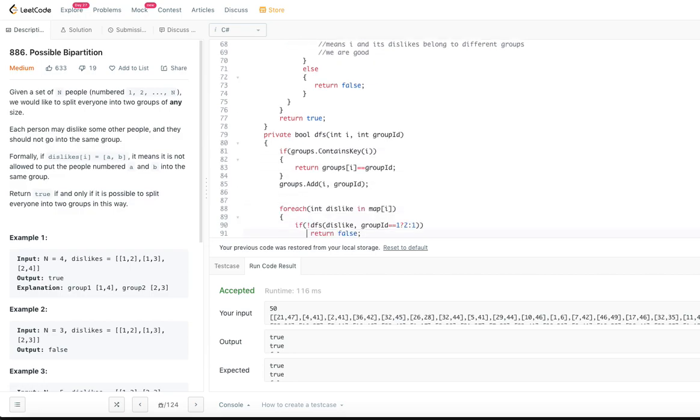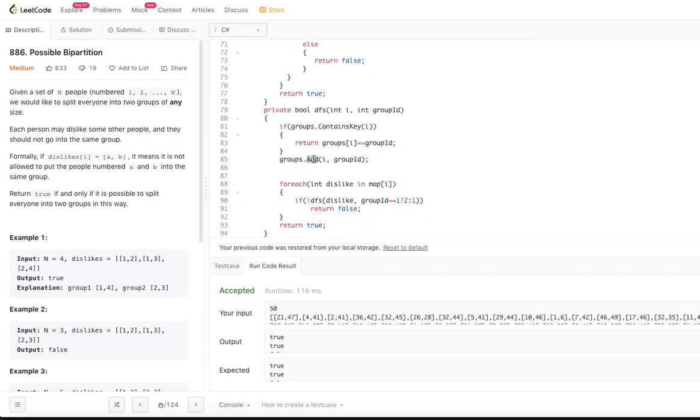So now, groups of add i with group ID. So now I am saying this person is in group 1, whatever the group is, and whatever the dislikes by i that we have mapped, they should be in group 2. So that's why I am passing: if group ID is 1, they should be in group 2. If the group ID is 2, they should be in group 1. That is what I am checking recursively, right?